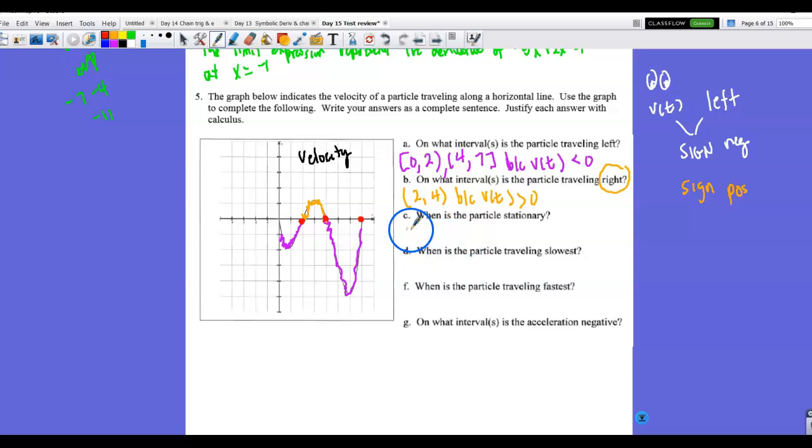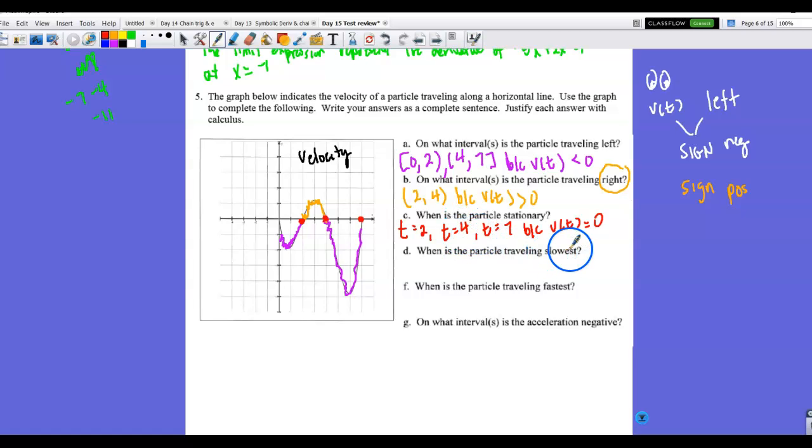So the particle is stationary at t equal to 2, t equal to 4, t equal to 7, because V of t is 0. I don't have any units on here, so I'm not including units. If you don't have any velocity, you're not moving.